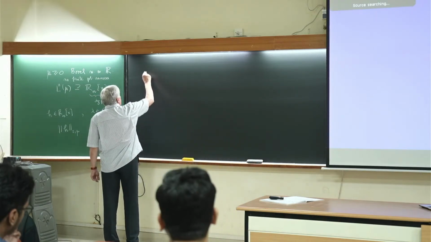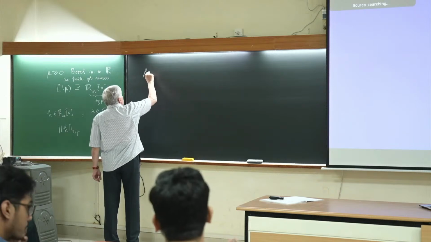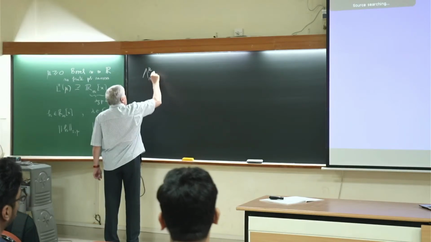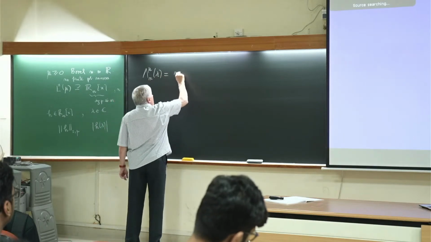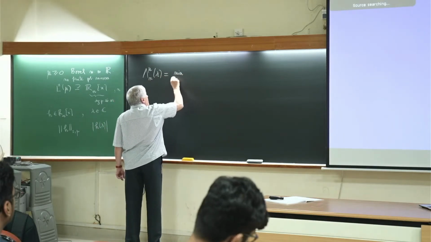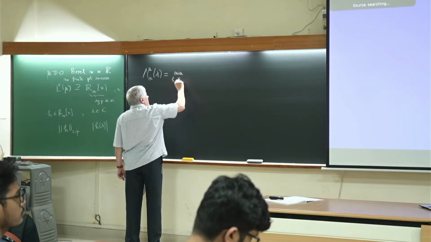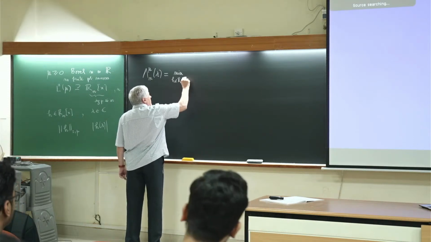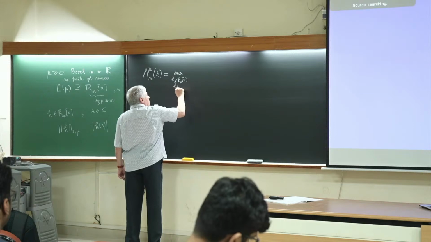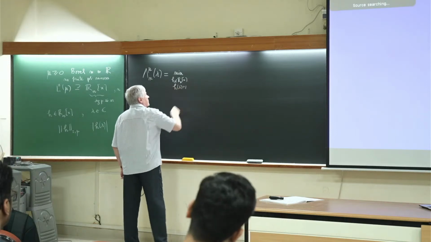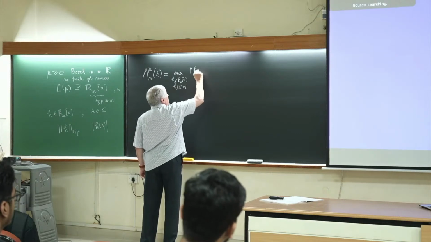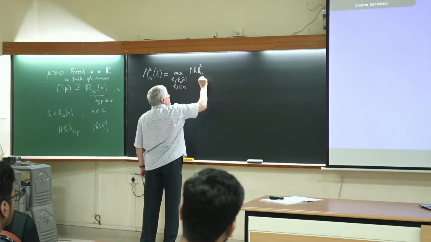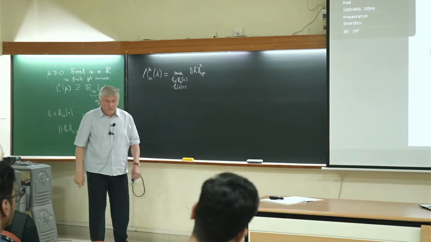And we can speak about the following quantity. We normalize this to be, for instance, 1 at lambda, and we take the minimum square norm.